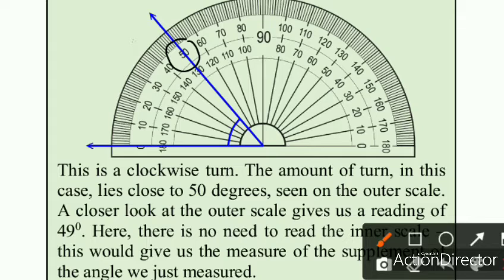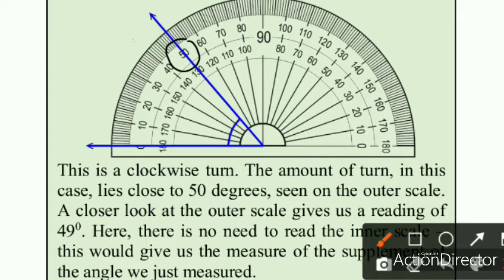And seen on the outer scale, when we move clockwise, so here we check the angle from the outer scale. A closer look at the outer scale gives us a reading of 49 degrees.